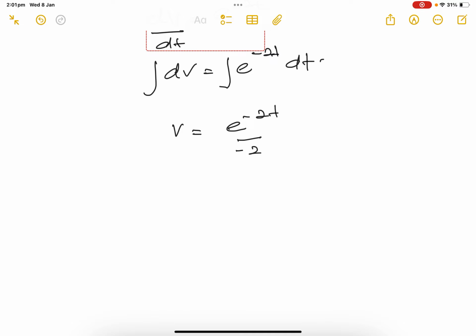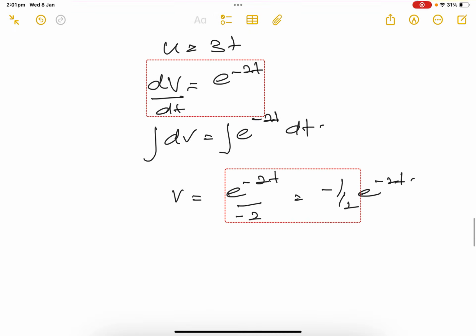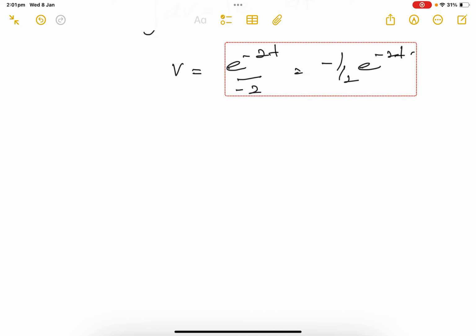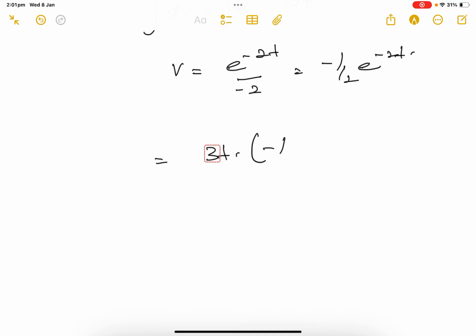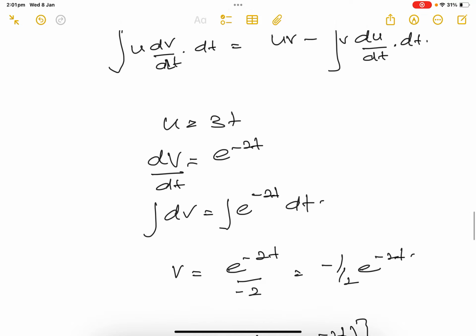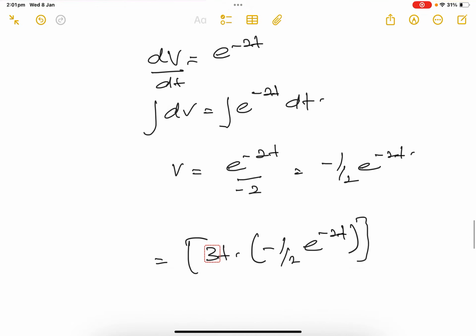So we found that v is equal to minus half e to the minus 2t. So we just got the formula, u times v. U is 3t, v is minus half e to the minus 2t, and the limits are half to 3.